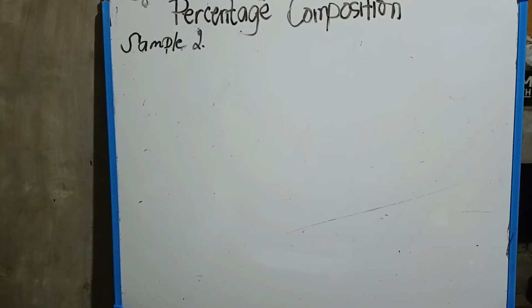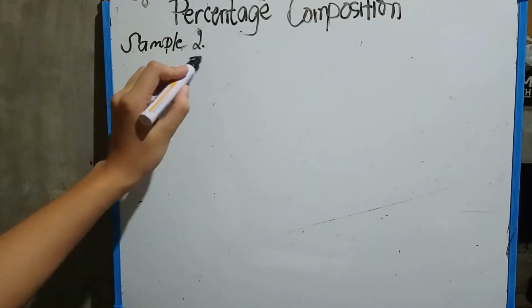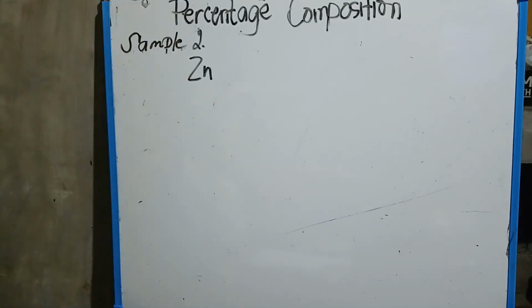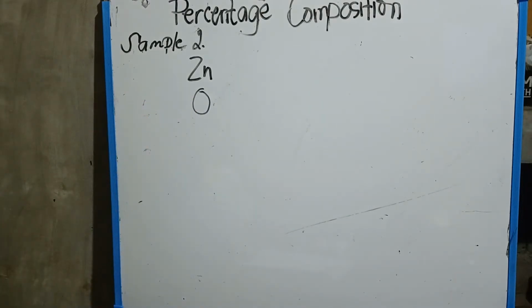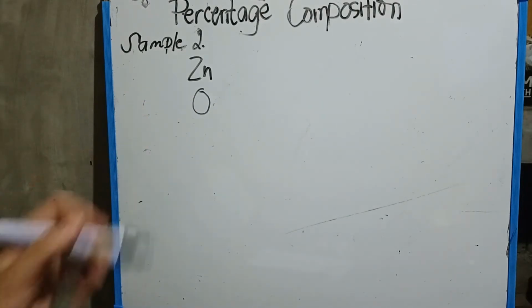So in the question, there is a newly synthesized compound which contains zinc and oxygen. Therefore, these are the elements present in the compound.